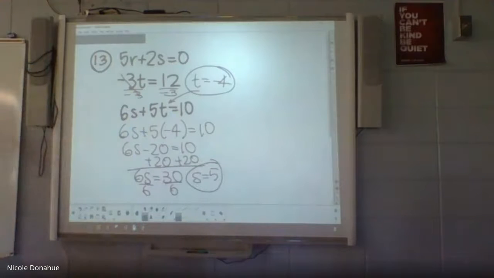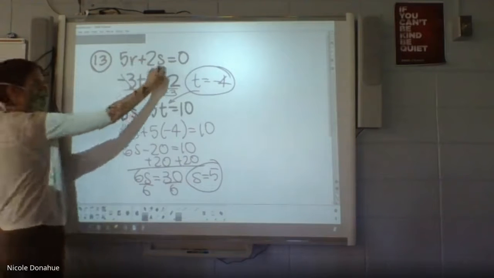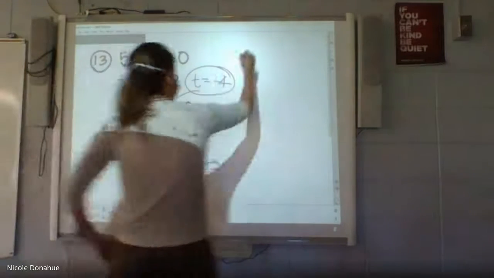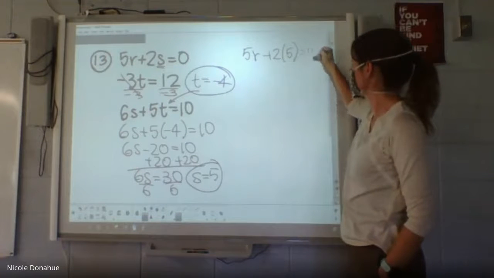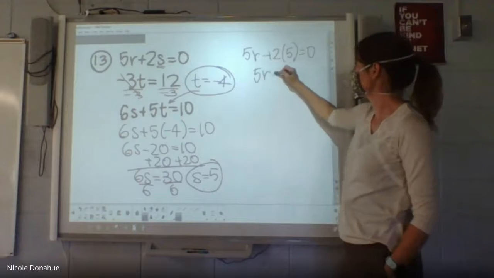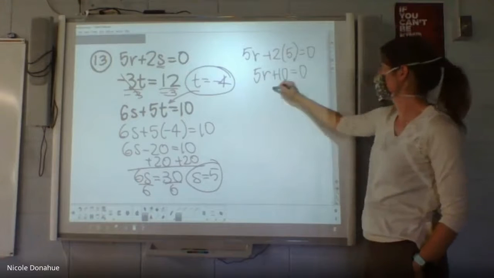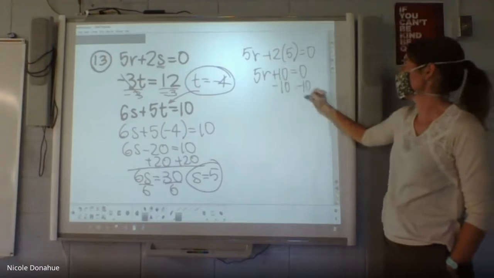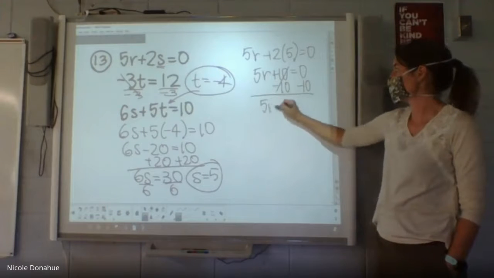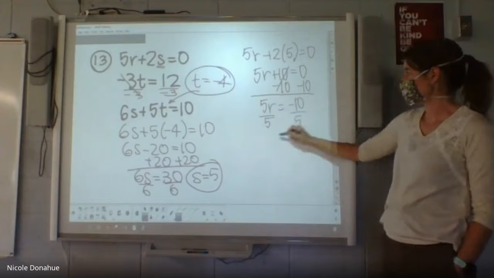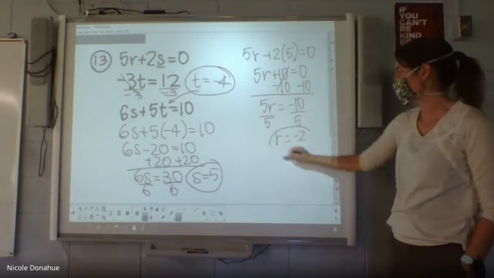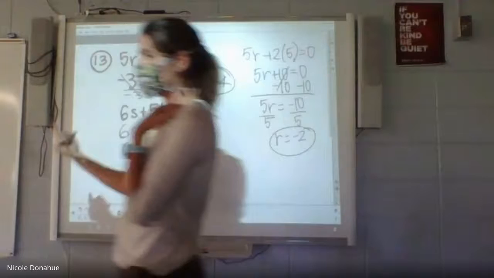Again, that's another point for knowing how to figure out s. Now that I know s, I can put it back in to find r. So I find out r is -2. You have to go a step at a time backwards here.